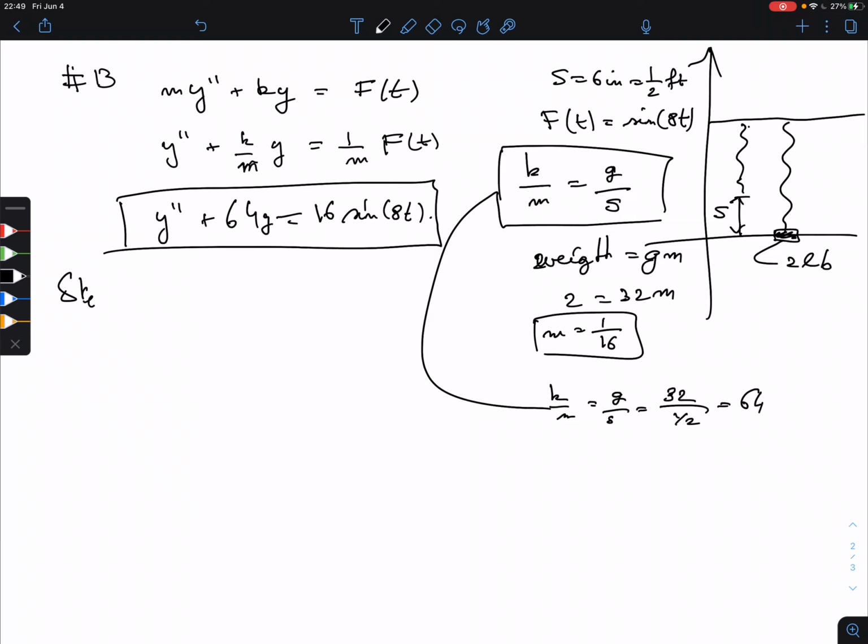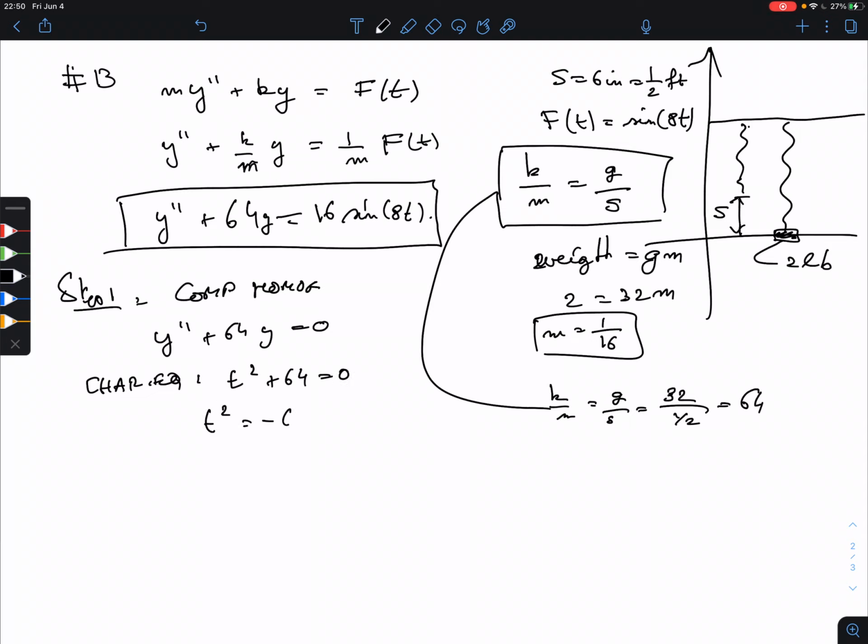Okay, step 1. Now I can do the complementary homogeneous. That is y double prime plus 64y equals 0. So we have the characteristic equation t squared plus 64 equals 0. So t squared is equal to minus 64.